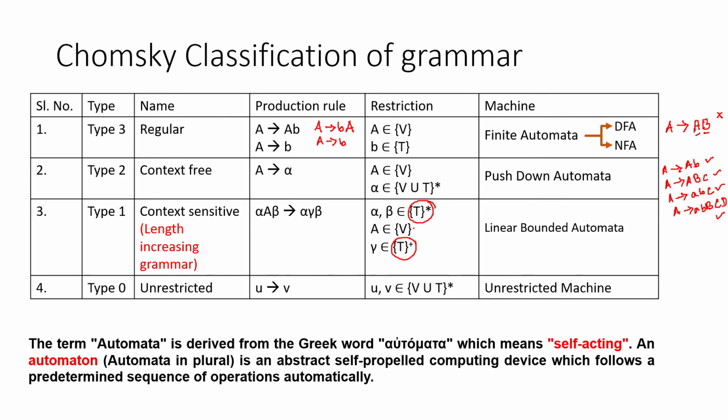That means only one non-terminal will be there, and before or after that, maybe there will be some terminals.